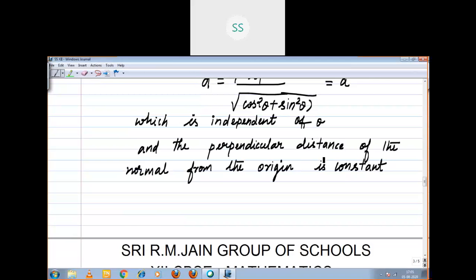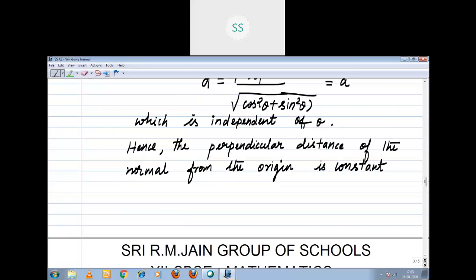Hence, the perpendicular distance of the normal from the origin is constant. That is only what they are asking to prove, and we proved it at the end.